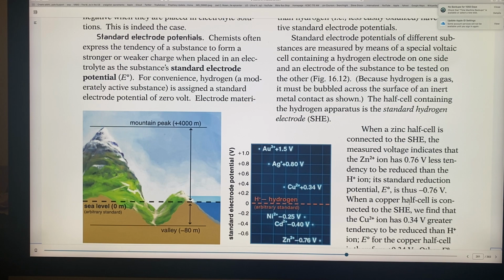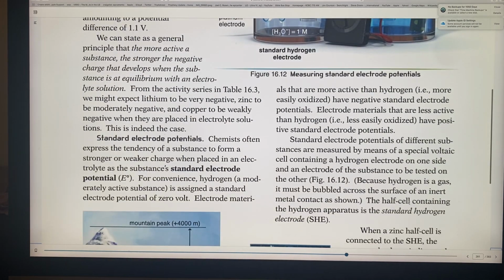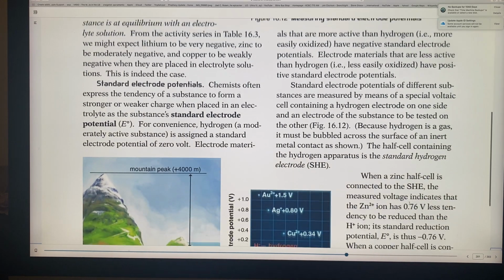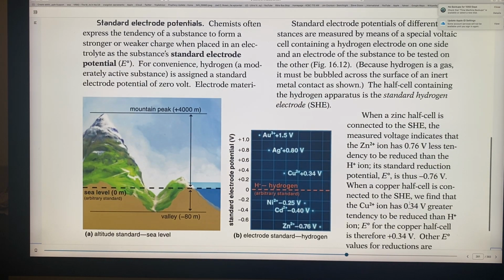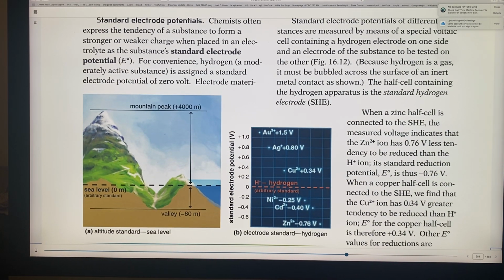An electrode material that is more active than hydrogen is considered more easily oxidized, and it will have a negative electrode potential. And the electrodes that are less active than hydrogen will have positive electrode potentials. So here is the standard right here. We're going to put down hydrogen as sea level.